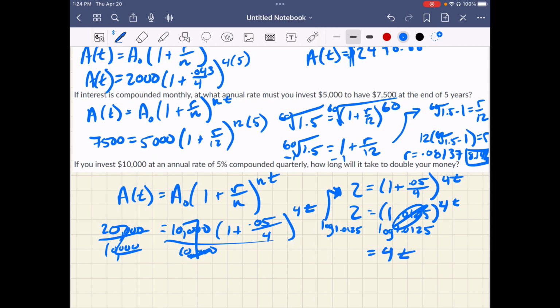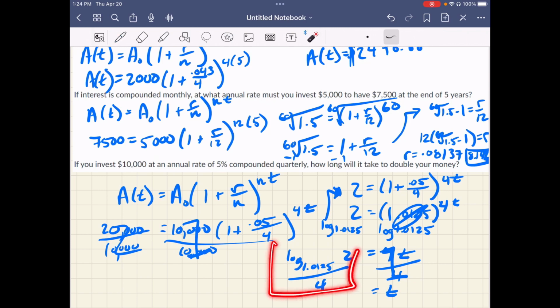I'm left with 4t. And so then I have the log base 1.0125 of 2, and then continue with normal equation solving rules. So divide by 4, that ends up being a 1. So t actually ends up equaling this number right here.